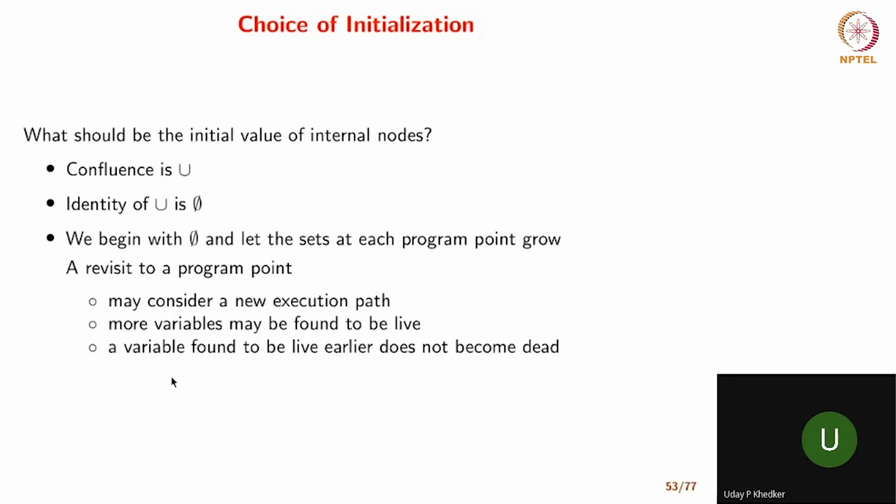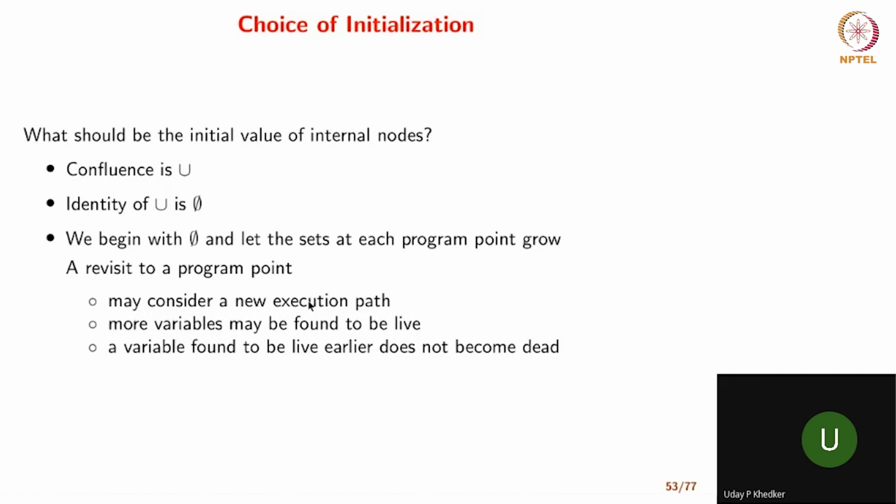A revisit to a program point may consider a new execution path. More variables may be found to be live. But the important point is that a variable found to be live earlier does not become dead. This is a monotonicity property which guarantees termination. Essentially, the sets can only grow; they can never shrink.